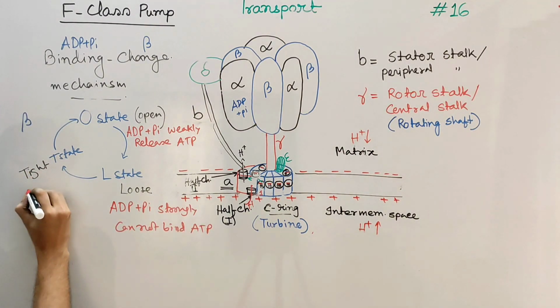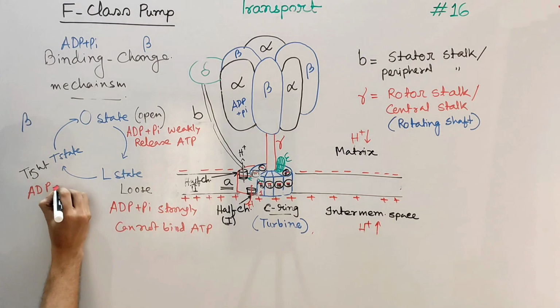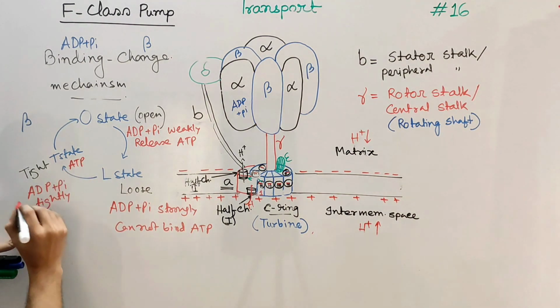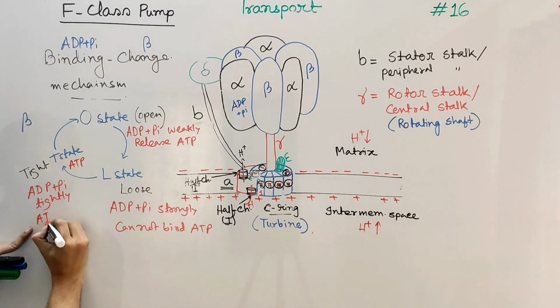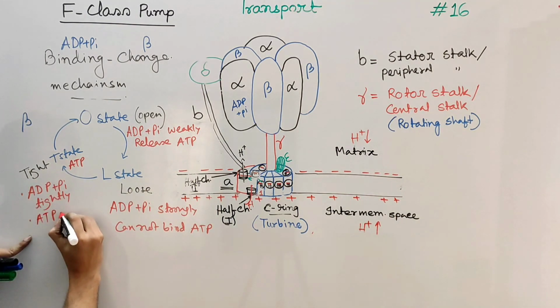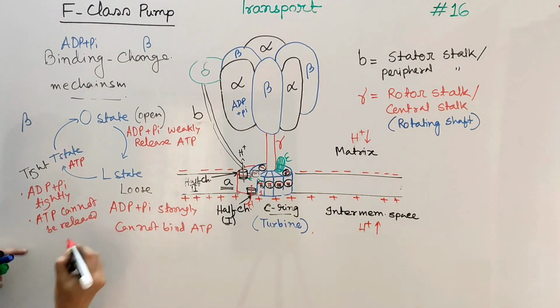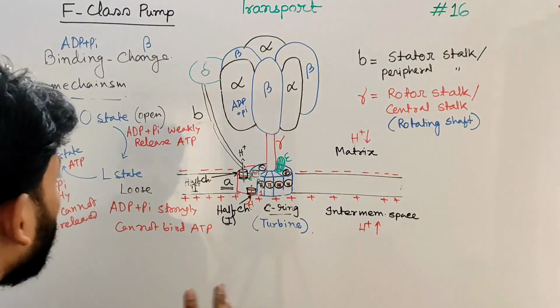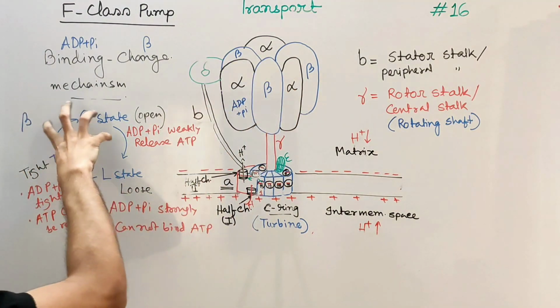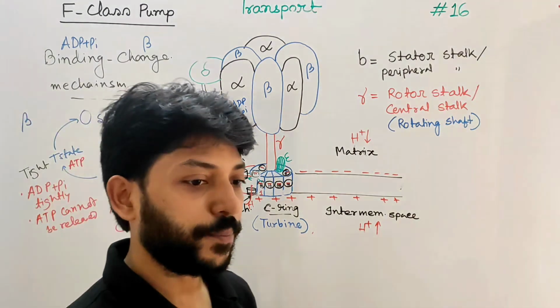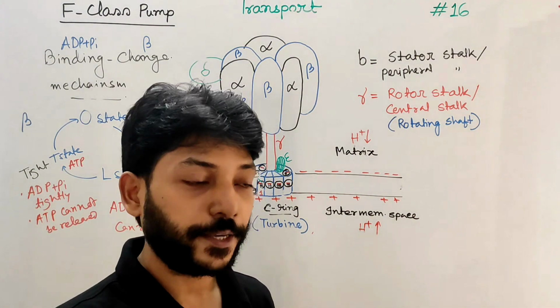And in the T state, it binds ADP and Pi so tightly that it actually generates ATP. So in this T state, ATP is produced, but ATP cannot be released. Remember this, ATP cannot be released, so it is in a locked state. So these three beta subunits go through three different conformations, and these conformations define the affinity towards ADP and Pi.